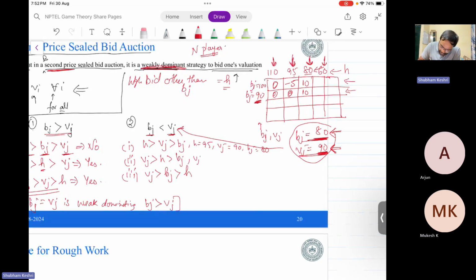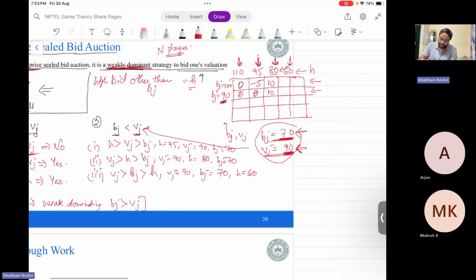Over here, vj equals 90, h is equal to 80, and bj equals, we don't have that. So let us make this 70. So this is satisfied. Over here, vj equals 90, bj equals 70, and h is equal to 60.